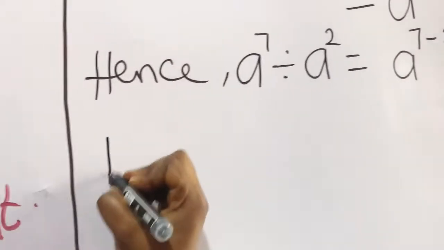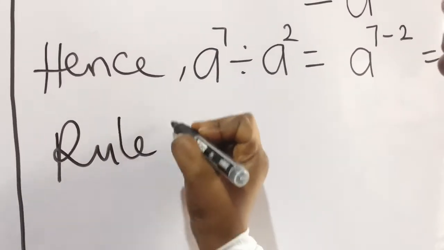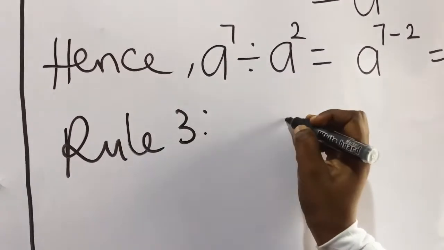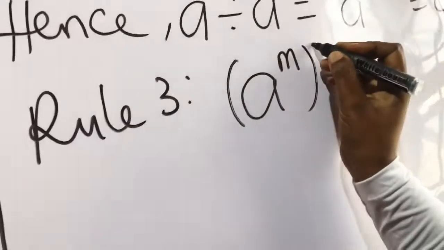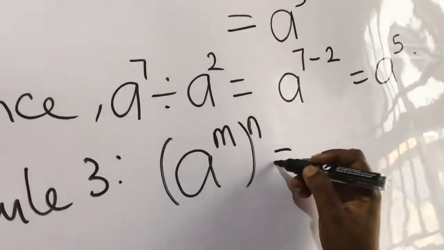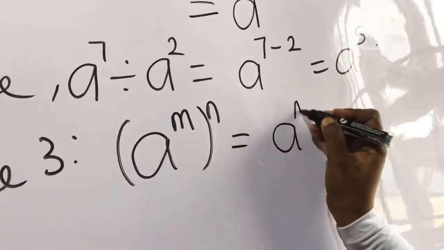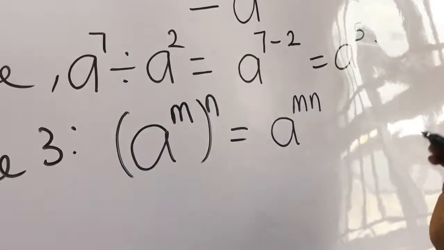Rule 3. A raised to the power of m, bracket n, will be equal to a raised to the power of m times n.